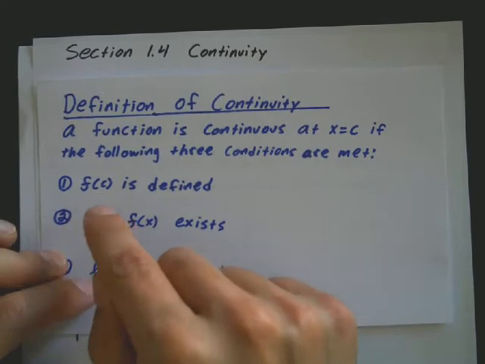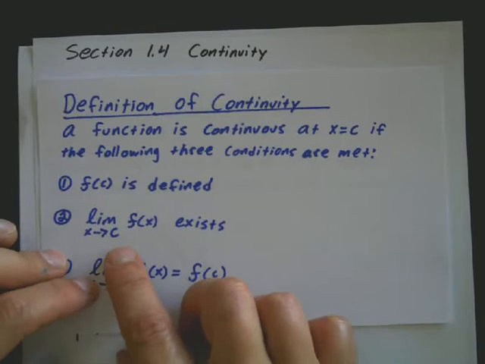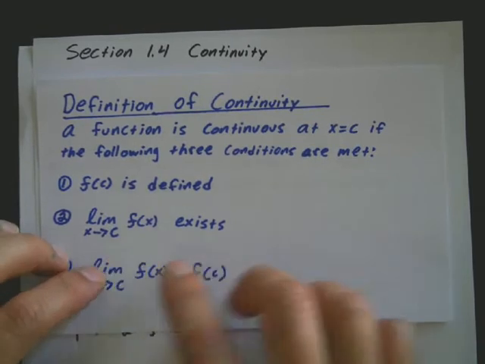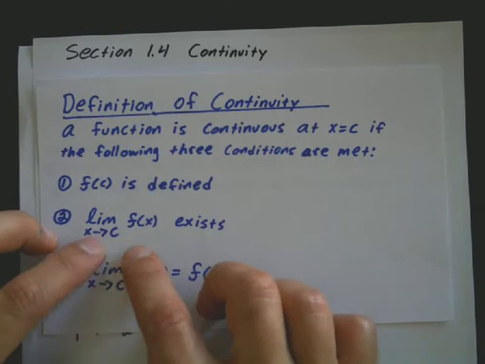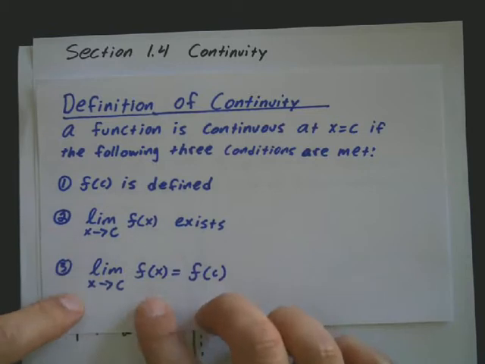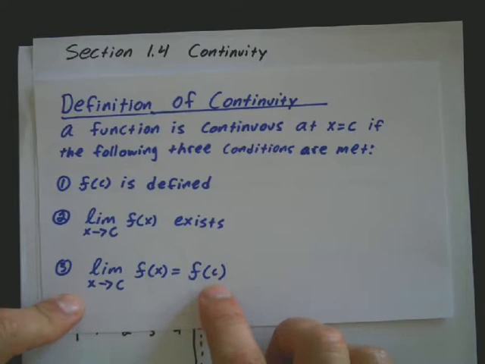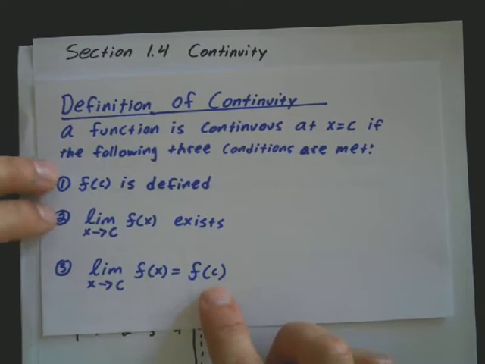Second, the limit has to exist. I have to be able to approach c from both sides, and the function has to give me the same one-sided limits. And then the third condition is that the limit has to equal the function value. So condition 3 summarizes these two, saying that if these two are valid, then they also have to equal each other.